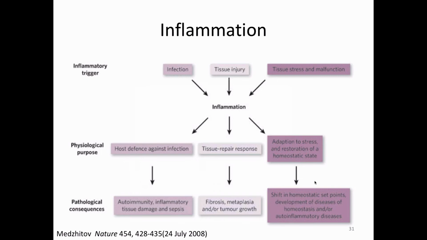We are learning more and more about different autoinflammatory diseases where you just have too much inflammation going on. They don't totally fall under the autoimmunity category. We might see things like fibrosis with too much tissue repair. We also might see some big shifts in your homeostatic set points, which can also potentially cause some real problems.